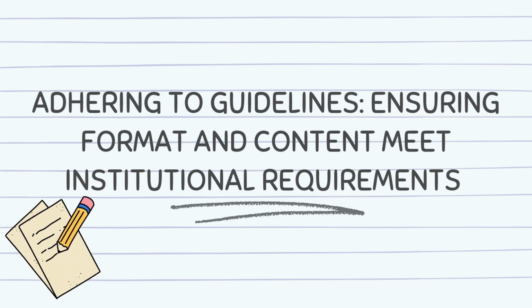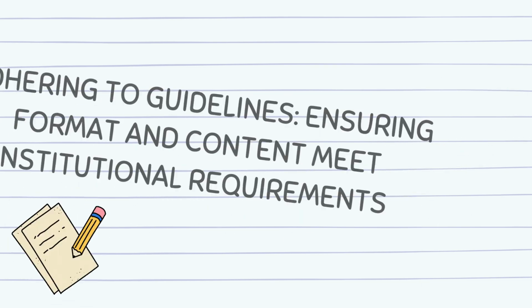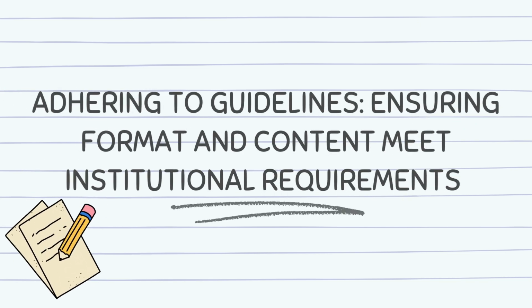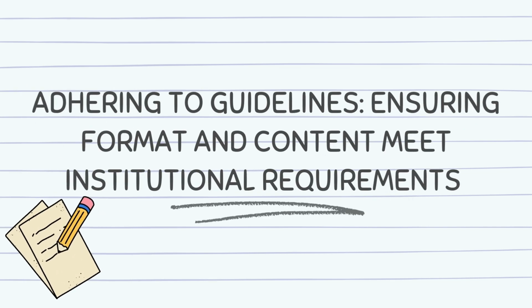Most institutions recommend structuring Chapter 2 as follows: Introduction, overview of the literature review's purpose, scope, and organization. Thematic or chronological organization. Literature is reviewed based on themes, theories, or historical progression. Discussion of related studies.